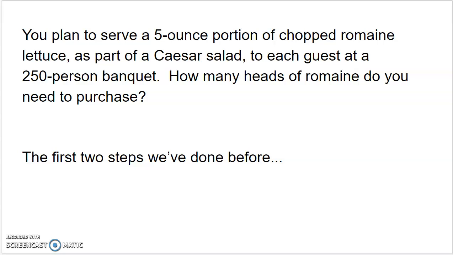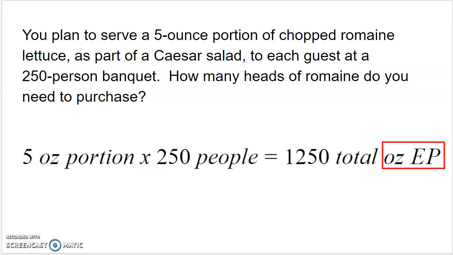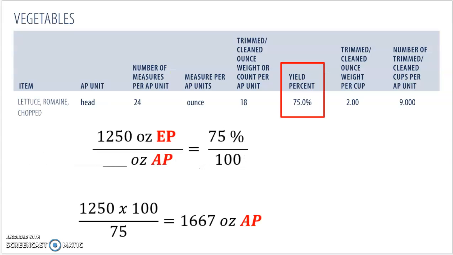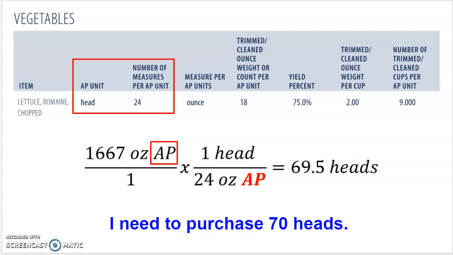So the first couple of steps of this we've done before. We calculate the total EP ounces, and then we use our yield percent formula to calculate the total AP ounces. And then the new thing here is that we're using this part of the book of yields over here that says an AP unit of a head of lettuce is 24 ounces.